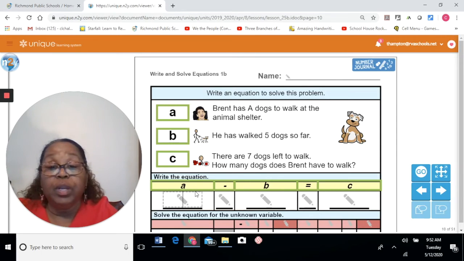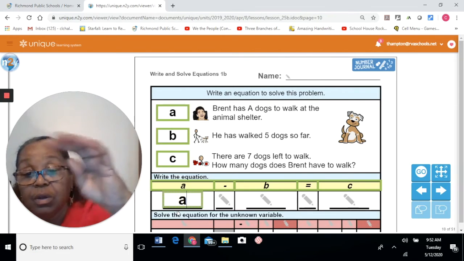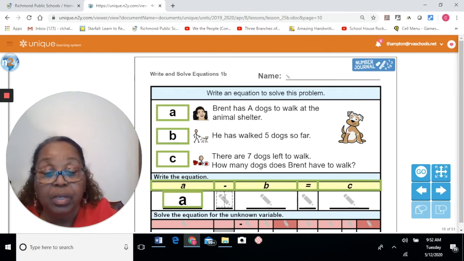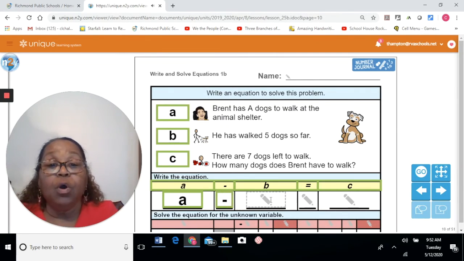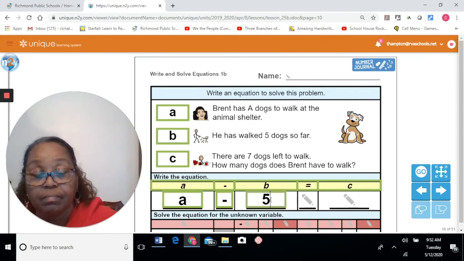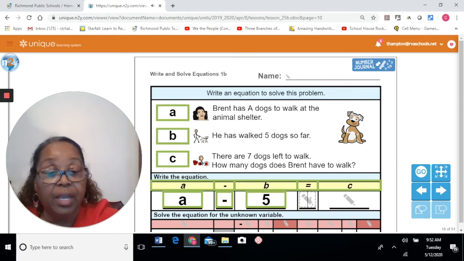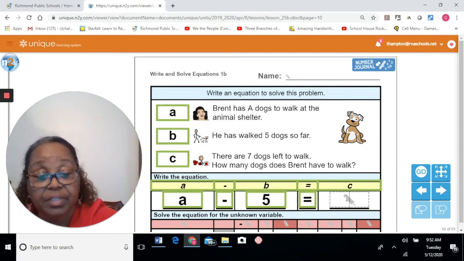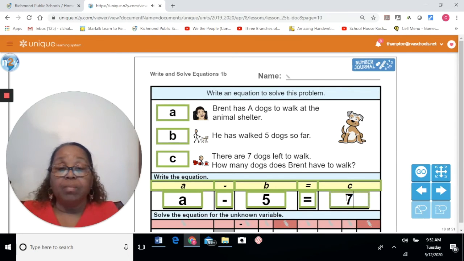So A, we don't know what A is. Brent has A dogs. We don't know what A is. So we're going to put A right there. That's the unknown variable. We bring down our minus sign, minus B, and we know B is 5. And bring down our equal sign, equals C, which is 7. All right, we've written our equation.